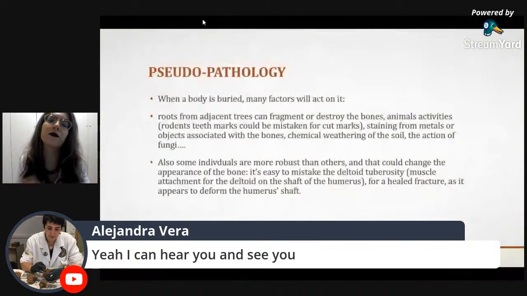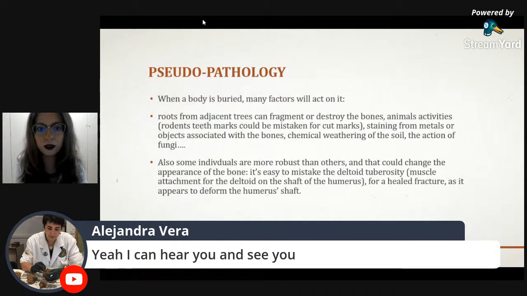Also, we have to keep in mind when we are dealing with archaeological records and human remains that so-called pseudo pathology could happen. Something that may be confused with pathology, but it's not.